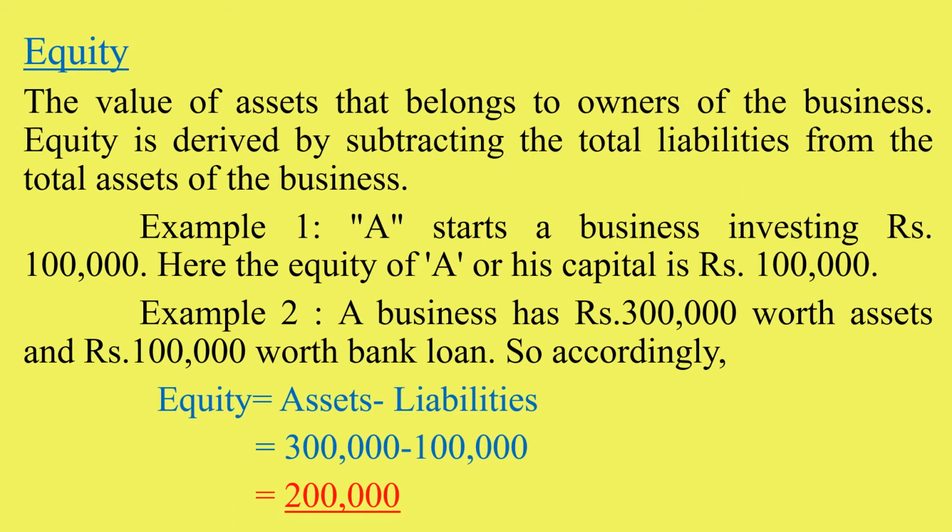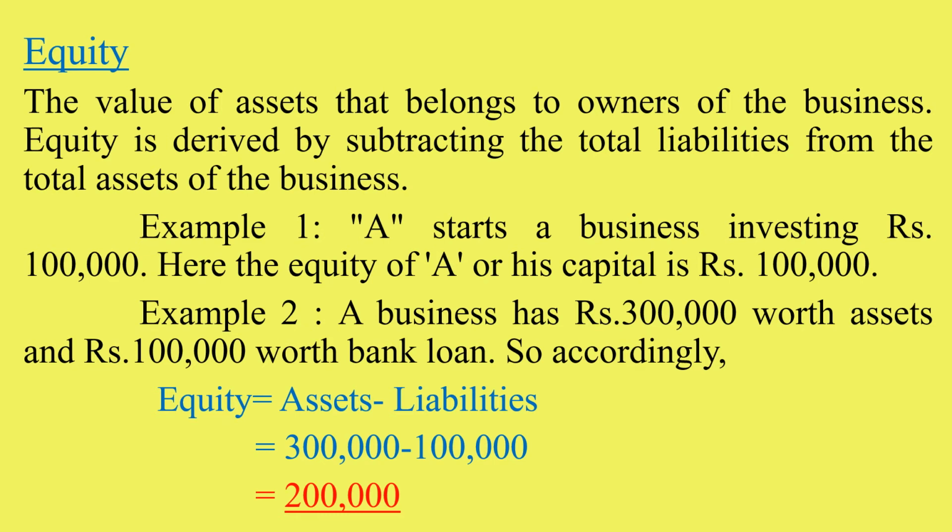As I have mentioned here in the example, a person called A starts a business and he invests rupees 100,000 when starting this business. So this 100,000 we call the equity or the capital of that person.